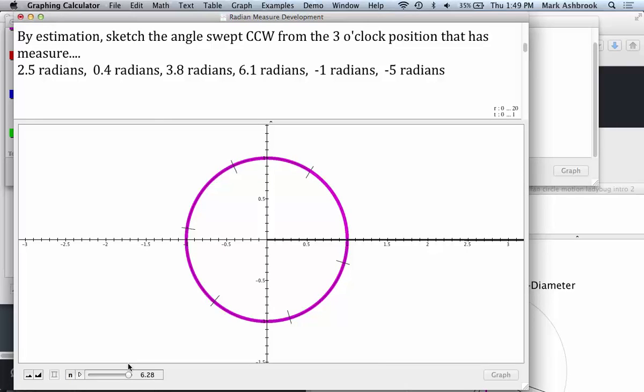So I've marked off the whole number of radius lengths starting at the 3 o'clock position and going counterclockwise. Okay? So based on those, in your notes, by estimation, I want you to sketch the angle swept counterclockwise from the 3 o'clock position that has these measures. 2.5, 0.4, 3.8, 6.1, -1, and -5. So some practice, okay? So you're sketching by estimation these angles swept counterclockwise from the 3 o'clock position.